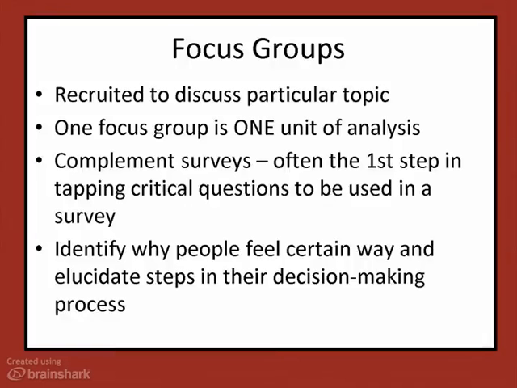Oftentimes, when an interview is conducted using a small group of people, usually between 6 to 8 people, you will hear the term focus group used. Focus groups are typically a homogeneous group of people. They usually don't know each other, but they're chosen on the basis of the research topic.